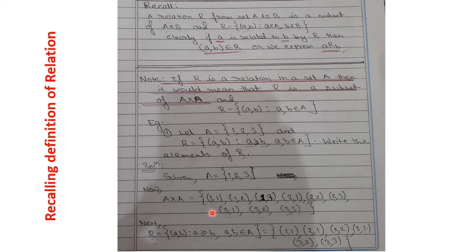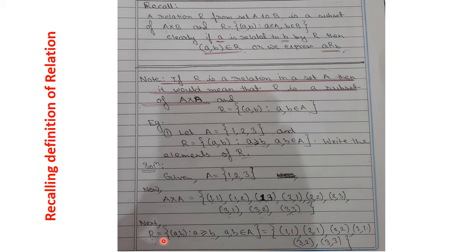Now we will write down the relation elements for the relation R. Here the elements in relation R will be some ordered pairs from here only, which would satisfy this condition. So we see that only these elements will satisfy this condition.